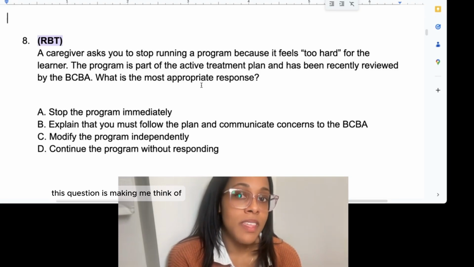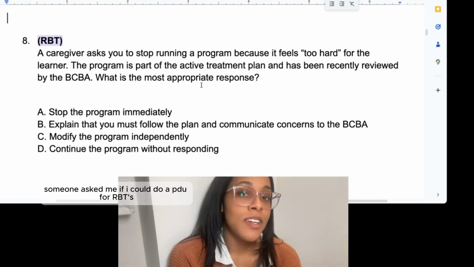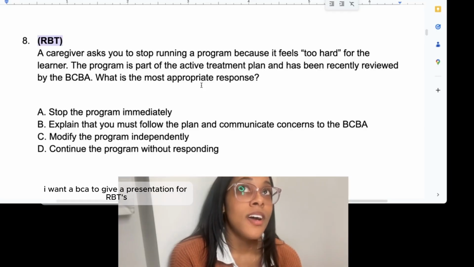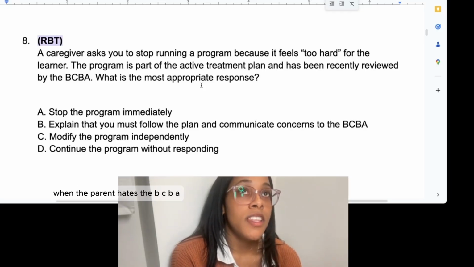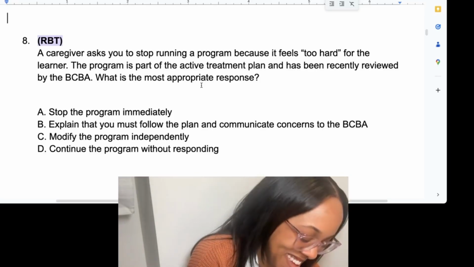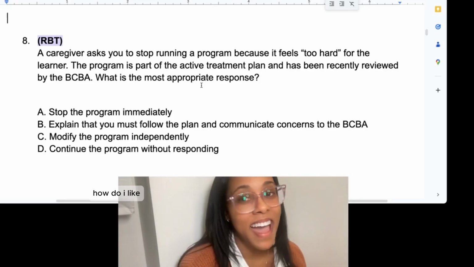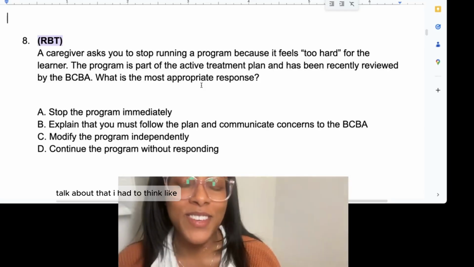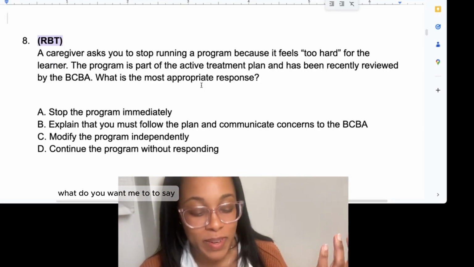This question is making me think of someone asked me if I could do a PDU for RBTs, where they're like, I want a BCBA to give a presentation for RBTs when the parent hates the BCBA and loves the RBT. Like, how do I talk about that? I had to think, like, what do you want me to say?